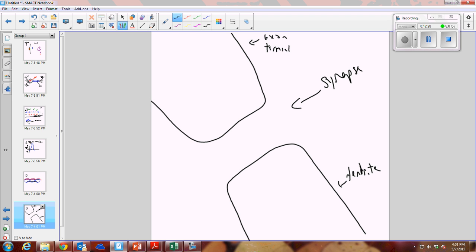Well, inside the axon terminal are these tiny little sacs called vesicles. And if you remember from the cell unit, vesicles are just these sacs that contain some sort of material. Maybe it's going to be digested, maybe it's going to be shipped out of the cell. Well, in this case, it's going to be shipped out of the cell, and the material that is contained in these vesicles is called neurotransmitter.